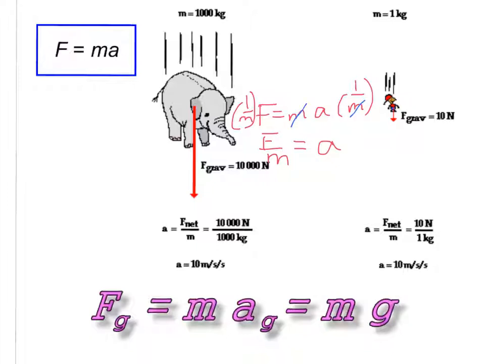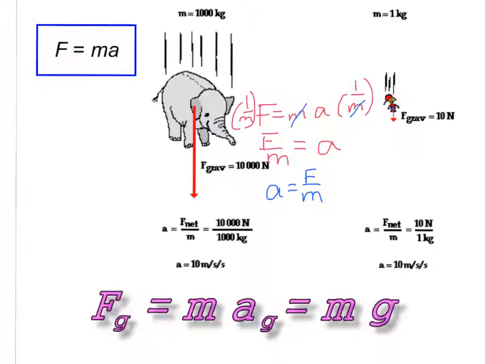The mass on top and the mass on bottom cancel out. So I can simply rewrite my equation, force equals mass times acceleration. If I'd like to just talk about acceleration, I can do that. I can say acceleration equals force divided by mass. I've just restated that equation in a different way.